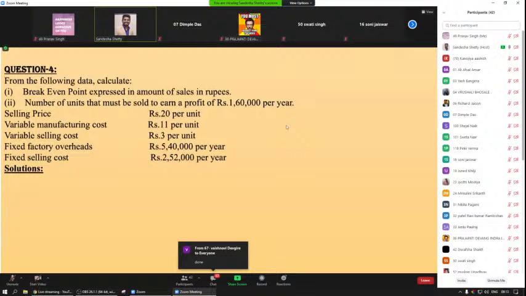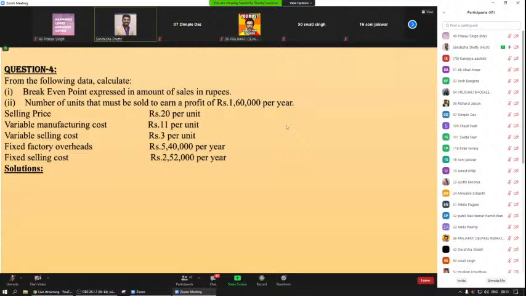So, dear students, from the following data, calculate break-even point expressed in amount of sales in rupees, and the number of units that must be sold to earn profit of rupees 1,60,000 per year. Selling price rupees 20 per unit.